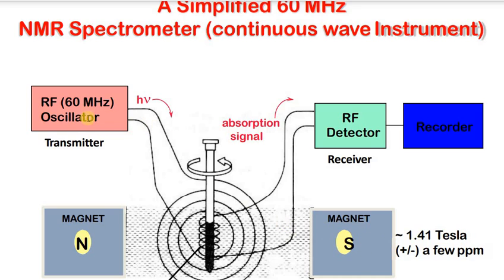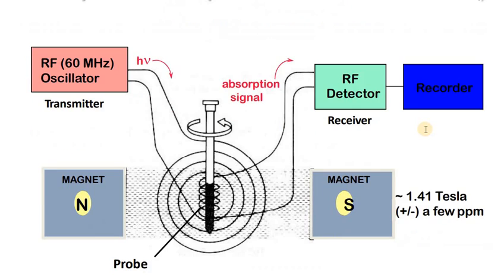These radiations fall on the sample through a coil, and the sample absorbs the radiations, which are detected by the RF detector and then recorded. So this is a simplified way in which we can show how the instrumentation is done for a molecule to obtain NMR spectra, by which we can actually determine the structure of a molecule.